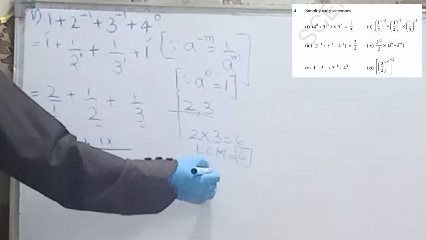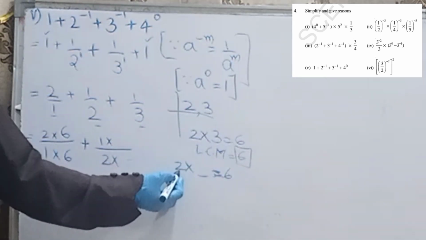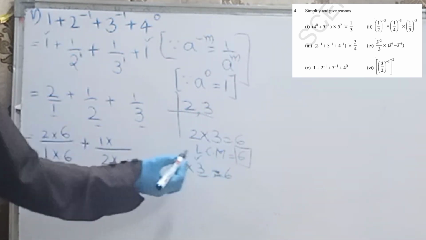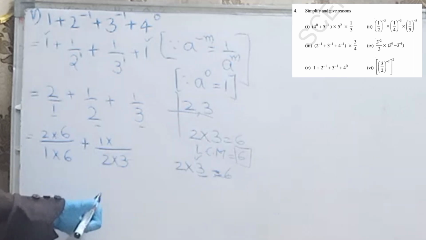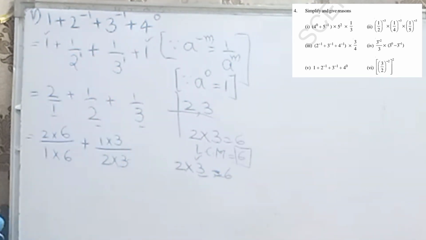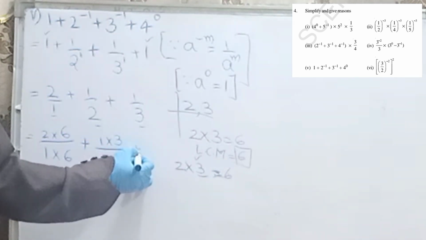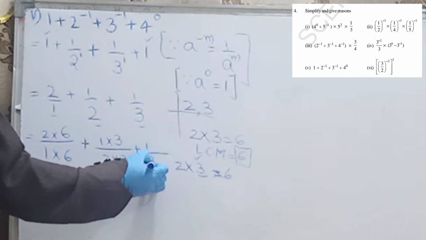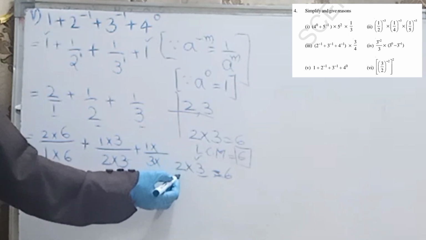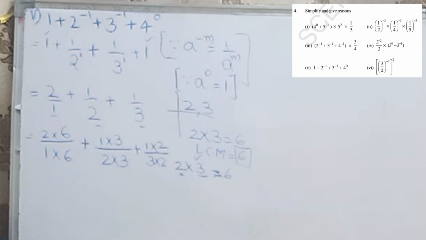If you don't know, you should write it like this and check: 2 1s are 2, 2 2s are 4, 2 3s are 6. So when we multiply with 3, we get 6. So we will write 3 in denominator. When we write in denominator, the same thing we should copy in numerator also, so that the value of this fraction doesn't change. Okay, plus 1 by 3 into. Now in 3 table when we will get 6? That is 3 2s are 6. So we will write 2 here and 2 here.